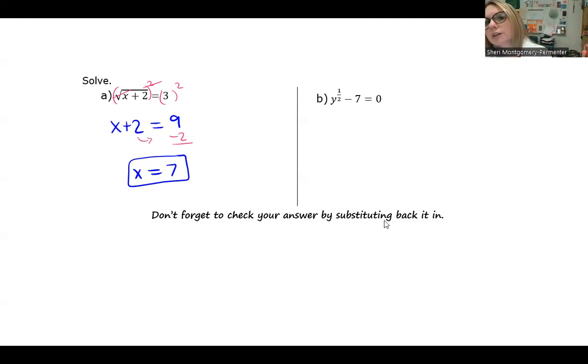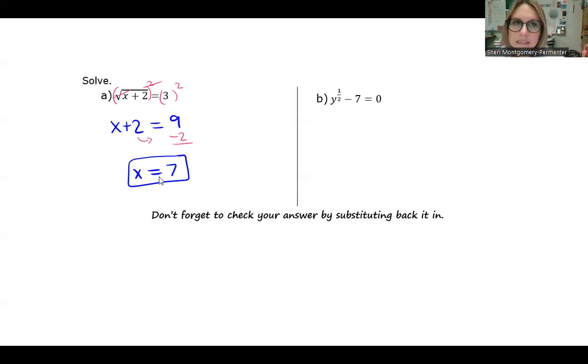This says, don't forget to check your answer by substituting it back in. Sometimes you get an answer, but it doesn't actually work. If an answer doesn't work, it would be because when you plug it back in, you end up with a negative underneath the radical, and we can't take the square root of a negative number. More often than not, that's not what you're dealing with.